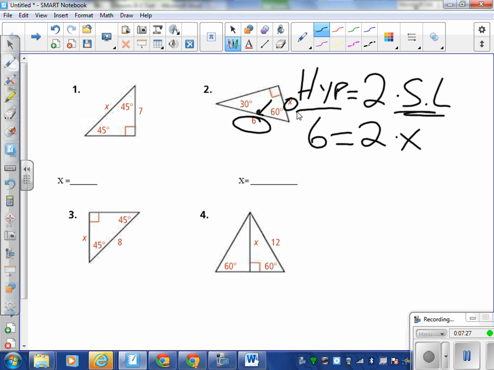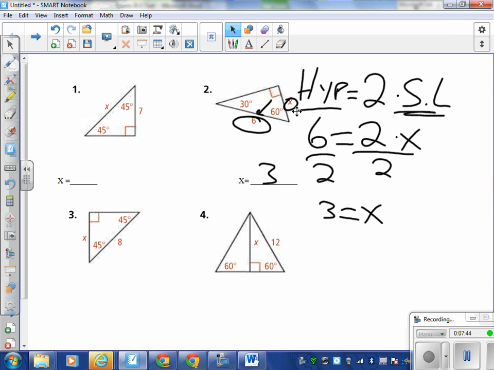So, how do I find out what it equals? Right. I divide both sides by 2, and I get x equals 3. So my short leg is 3.